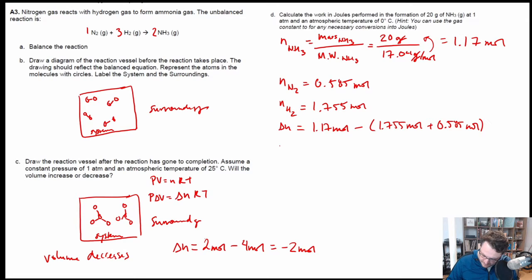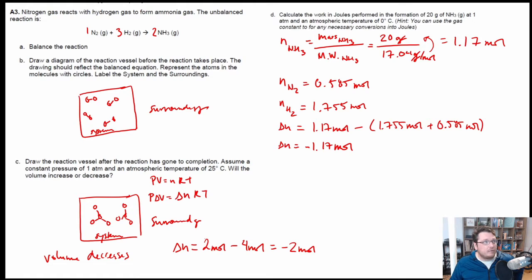And so what we get for delta N is 1.17 minus 1.755 plus 0.585, which comes out to negative 1.17 moles. And so that's what our delta N value is.